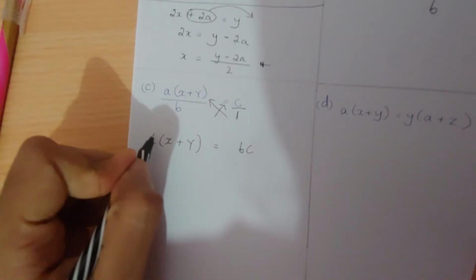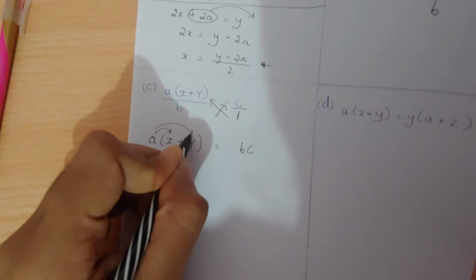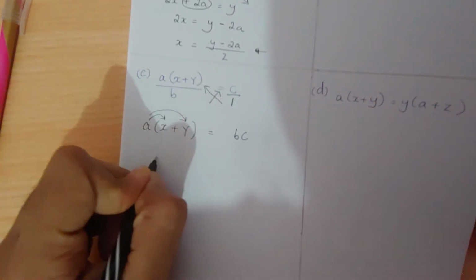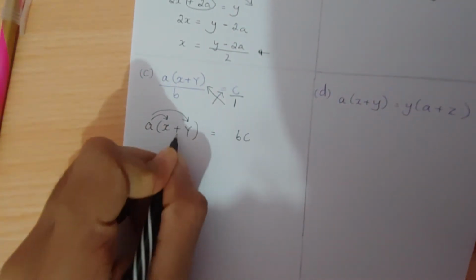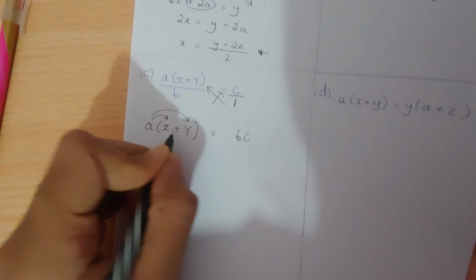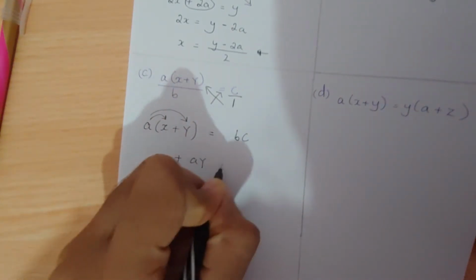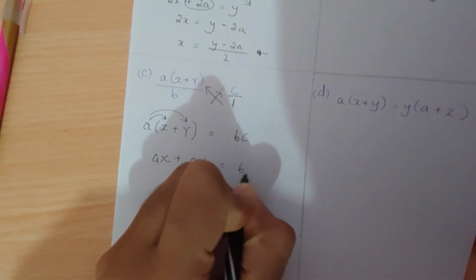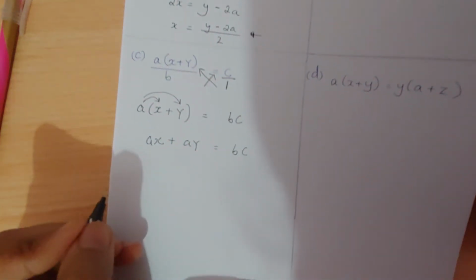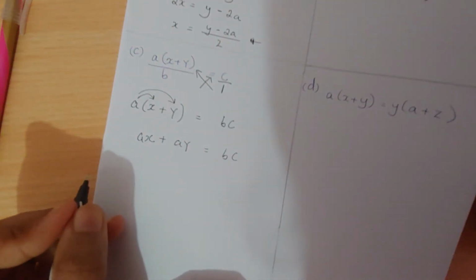Then here I will expand. A times x ax plus a times y is equal to ay. bc.